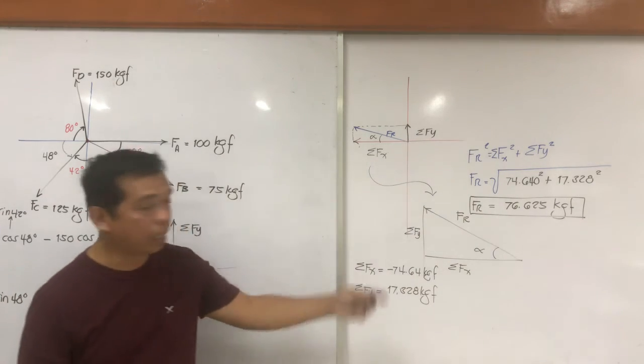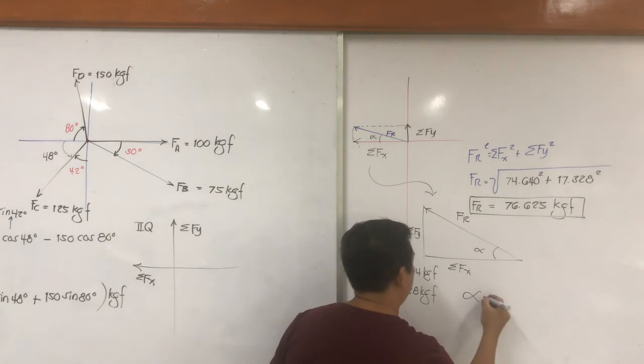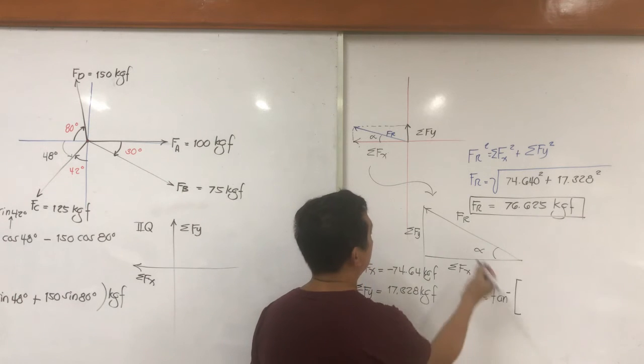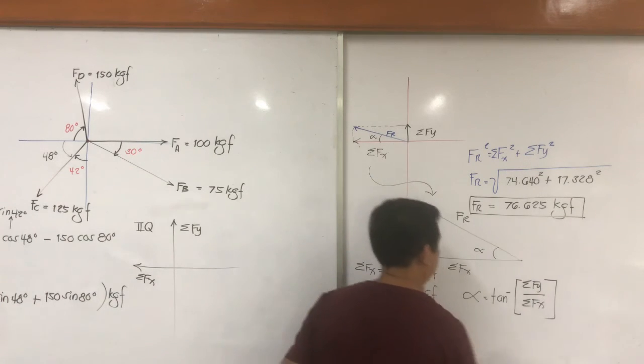Para makuha natin yung angle alpha, i-tangent ulit. So, your alpha would have to be the inverse tangent of the quantity opposite summation forces y over adjacent summation forces x.